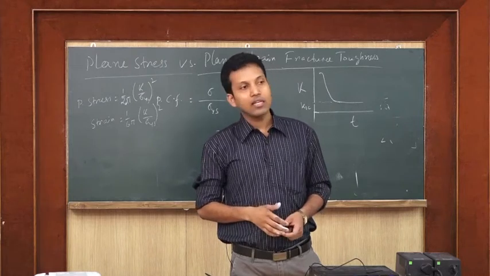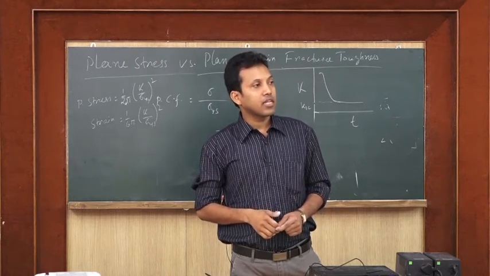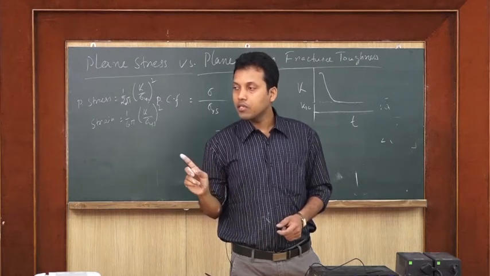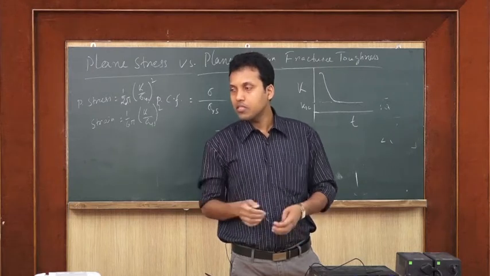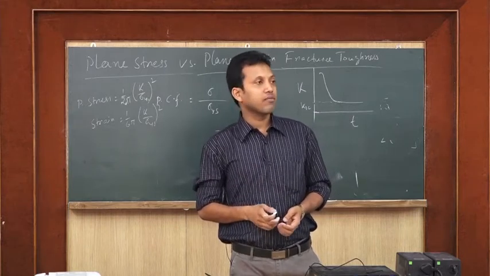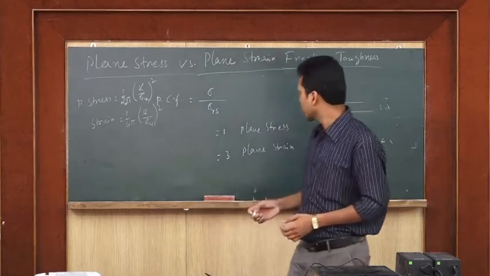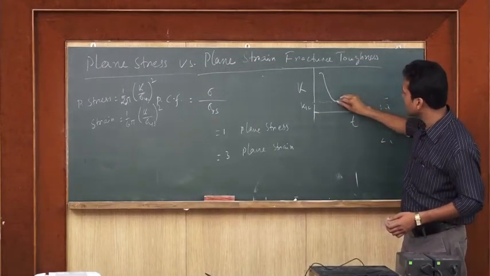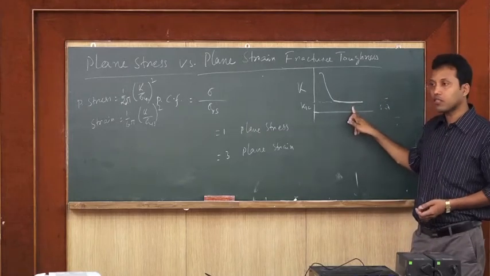So plane stress fracture toughness of a material depends on the geometry, meaning how much thickness it is, and plane strain fracture toughness does not. Below this, the fracture toughness values at any thickness are plane strain fracture toughness.